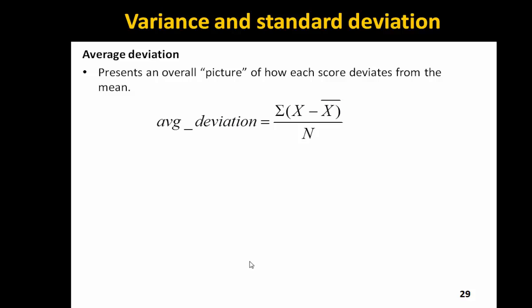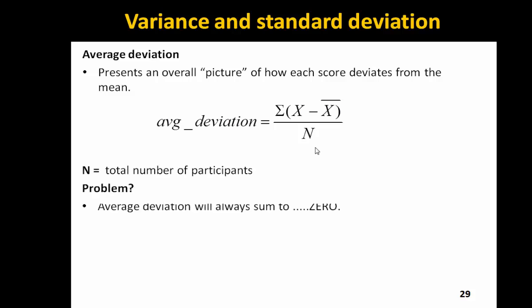The average deviation is simply adding up all of the deviation scores, keeping the order of the raw score and the average, then the next score minus the average, and so on, and we divide by 10 if there are 10 participants in the study. If there are 20 participants, we would have 20 deviation values, add them up, and divide by 20, where n is the total number of participants.